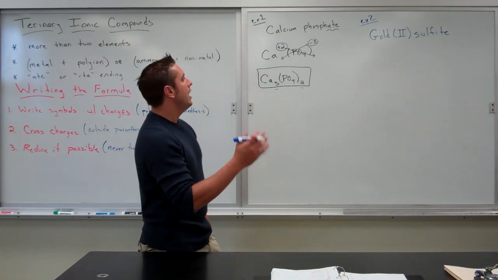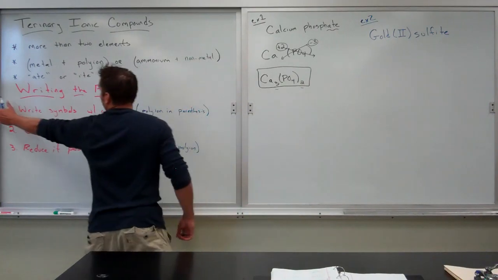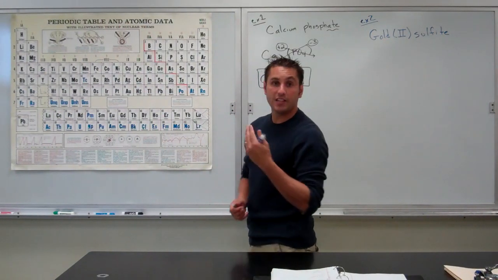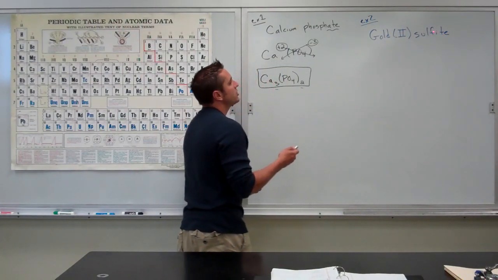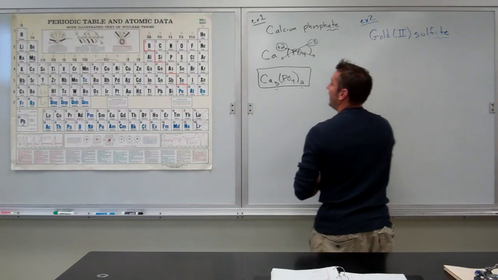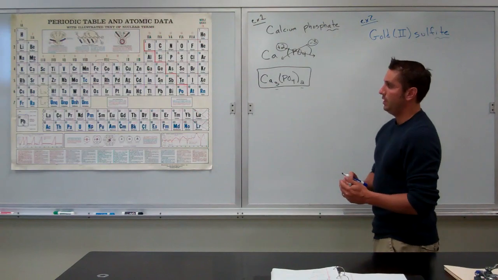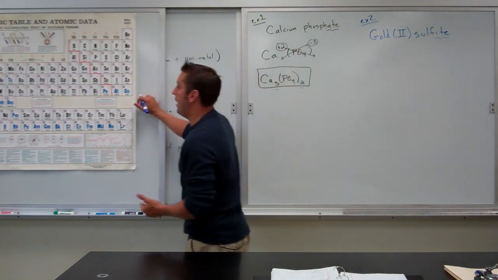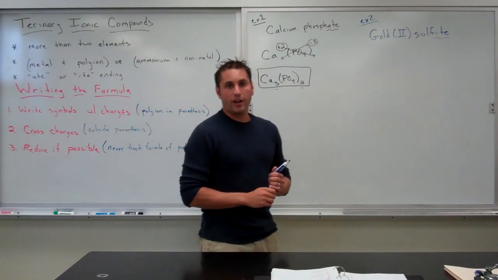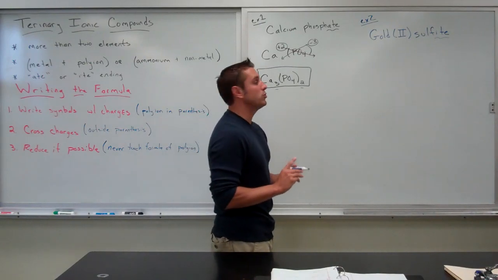Is it covalent? How can we tell? Well, if you take a look, gold lies to the left of the staircase, so it's a metal. Sulfite has an ITE ending, and an ITE ending is a big indicator of a polyion. And so that means we're going to have to follow our rules for ternary ionic. And so that first step tells us we should write symbols and charges.